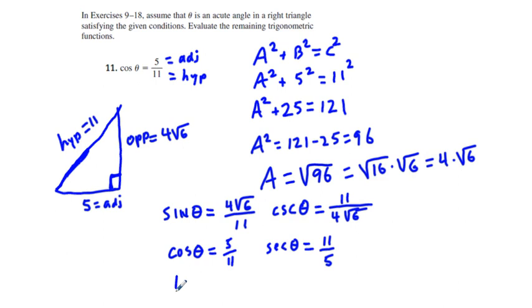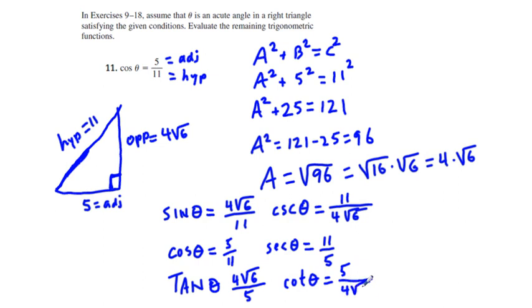The tangent theta is going to be equal to our opposite, which is 4 square root of 6 over our adjacent side, which is 5. And finally, our cotangent theta is going to be equal to 5 over 4 square root of 6.